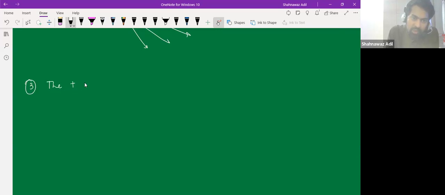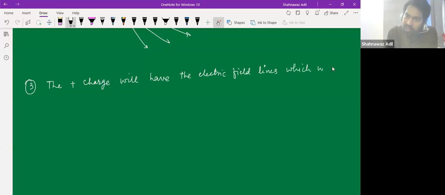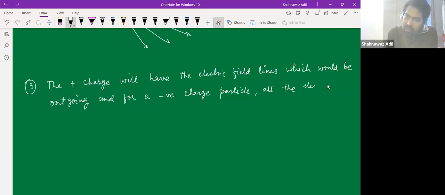So the positive charge will have the electric field lines outwards or outgoing, and for a negative charge particle, all the electric field lines would be incoming.